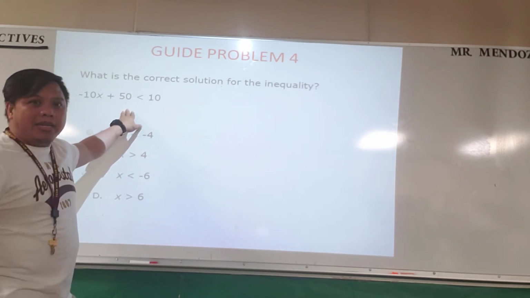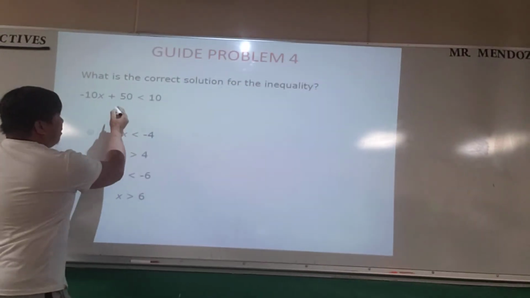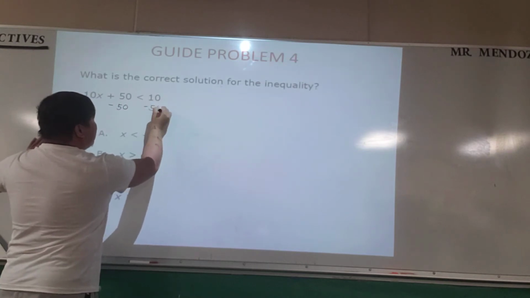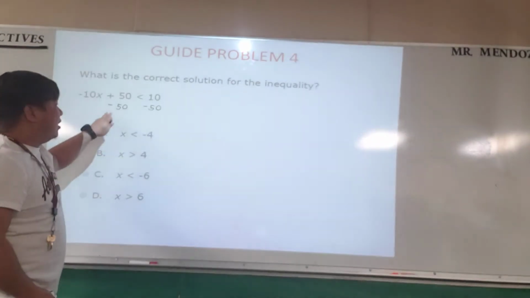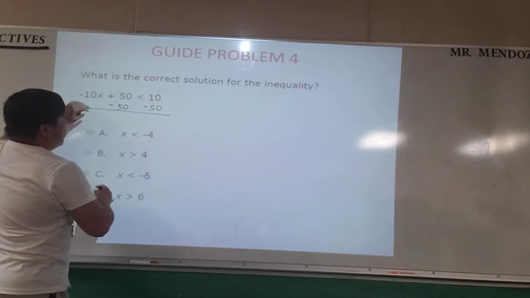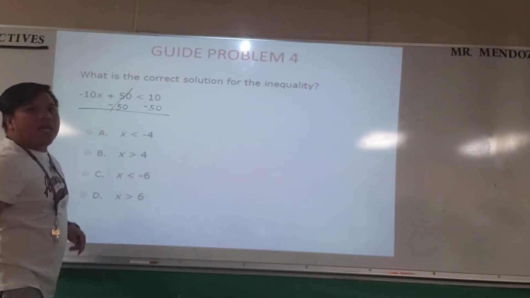That is minus. Very good. Addition, opposite is subtraction. So I need to subtract 50 on both sides. So 50 minus 50 is actually 0, so that's going to be canceled out.